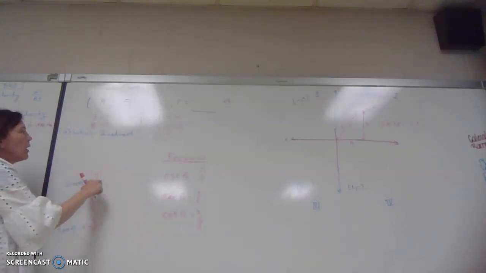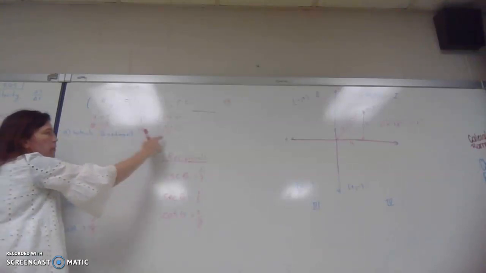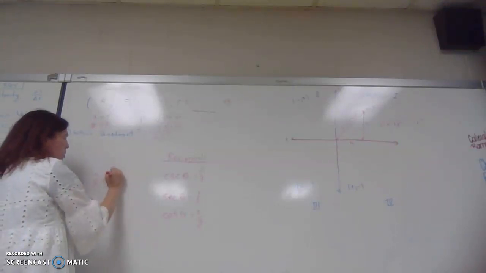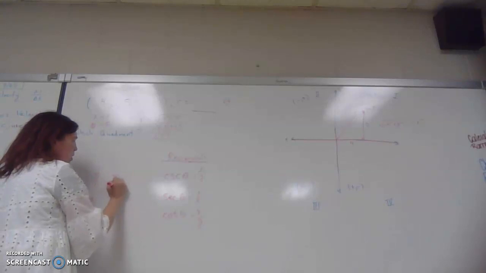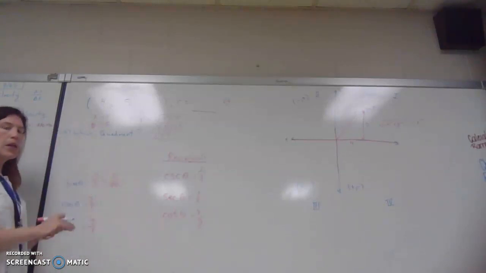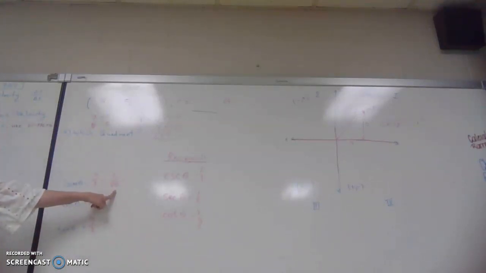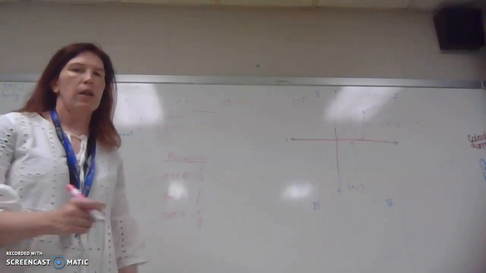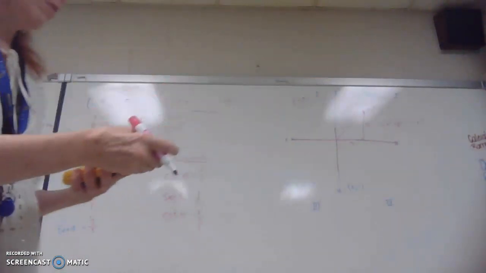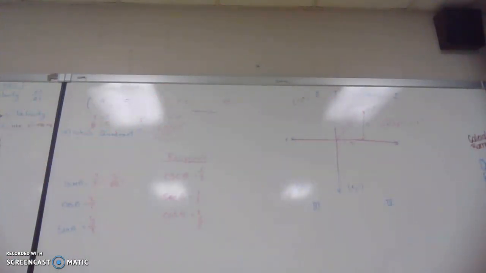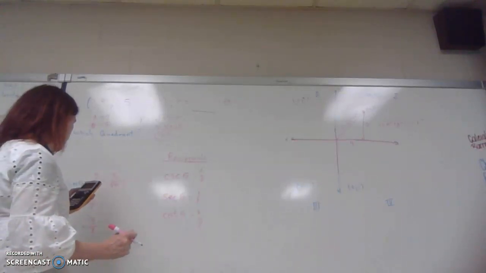So my sine is the ratio of 5 to square root 41. Once you have it written down, go ahead and convert it to a decimal answer. So I'm going to do 5 divided by root 41, and I'm going to get 0.7809.